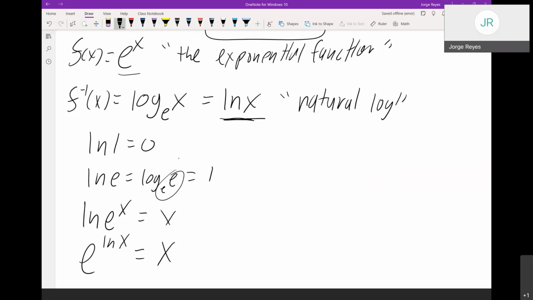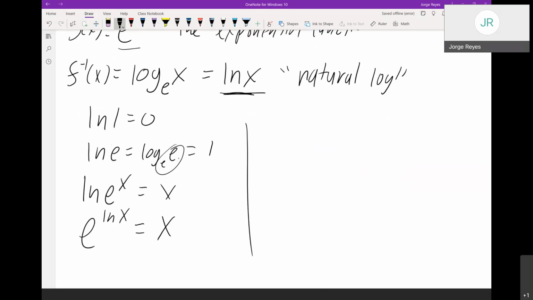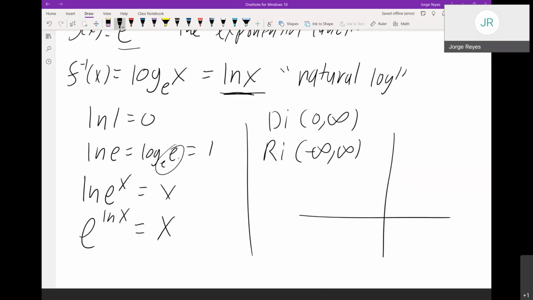So there's really nothing special about it except that it's one of the buttons on your calculator. It has the same domain, 0 to infinity, the same range, negative infinity to infinity, and looks just like all the other logs.